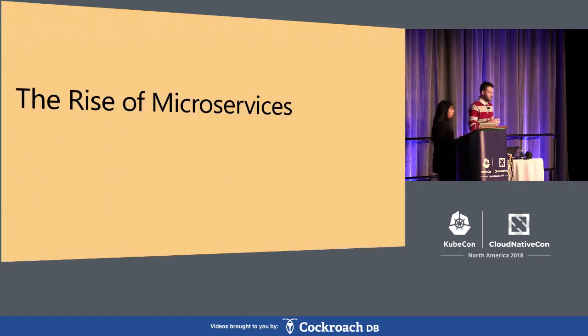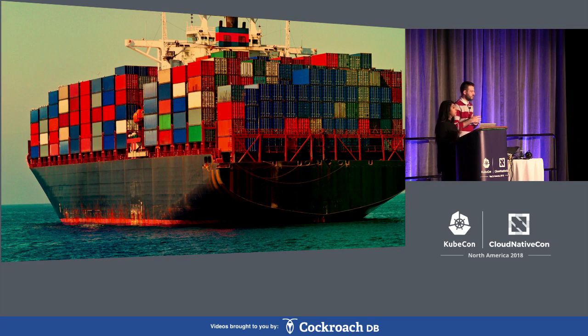But for the most part, we are no longer writing monoliths. We're writing microservices. And containers and Kubernetes have become the clear platform of choice for developing and deploying them. This has allowed us to break down these incredibly complex solutions into smaller, easier to understand components that are independently deployable and loosely coupled.